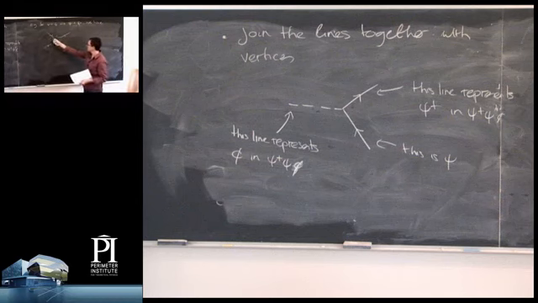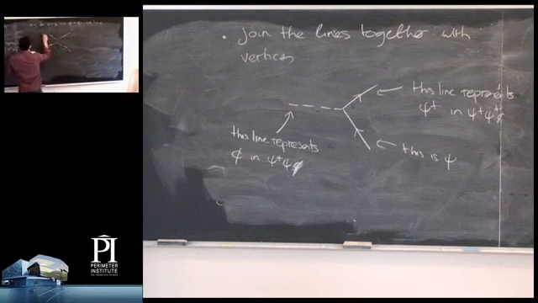This is 2 incoming psi particles, this is the 2 outgoing psi particles. Somehow I've got to join all this together. So this is one way I can join it together.